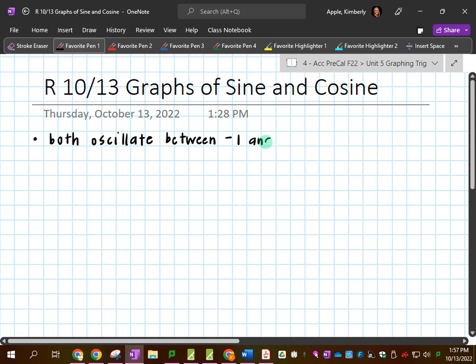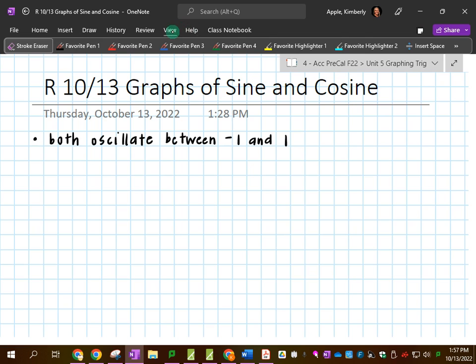And that's between -1 and 1. That's super important to remember: at their most basic, they stay between -1 and 1. And so in general, let's sketch this real quick.